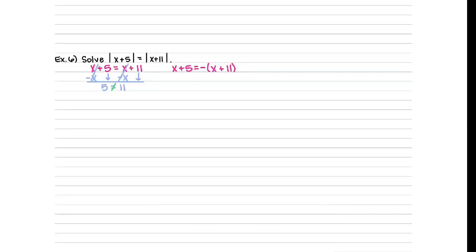For your equation on the right, you have x plus 5 is equal to a negative times x plus 11. So the opposite of x plus 11. Start by distributing the negative into the second set of parentheses. You have x plus 5 is equal to negative x minus 11. From here, you can add your x to both sides. So this is going to leave you with 2x plus 5 is equal to negative 11.